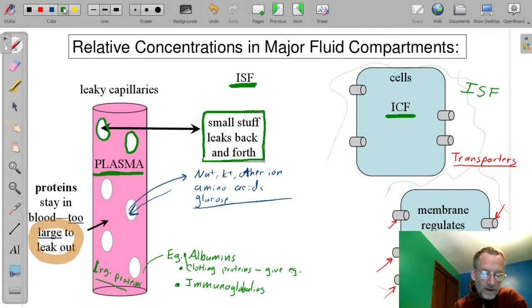One other thing to point out for you to perhaps review is the cytoplasm versus the cytosol. You should be pretty clear on the difference between those two.